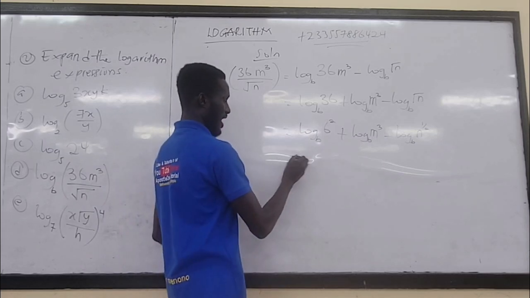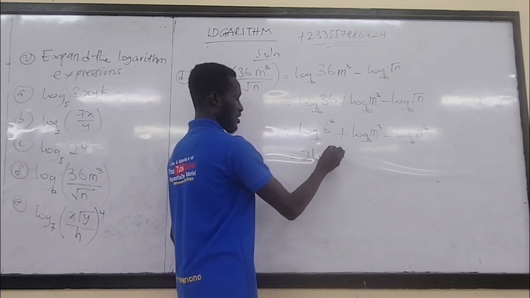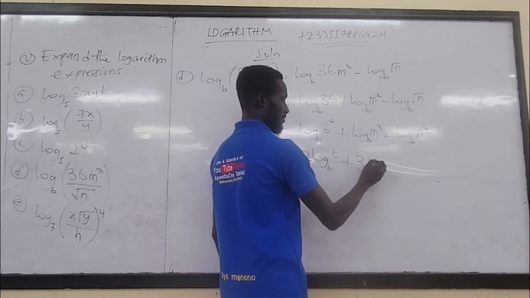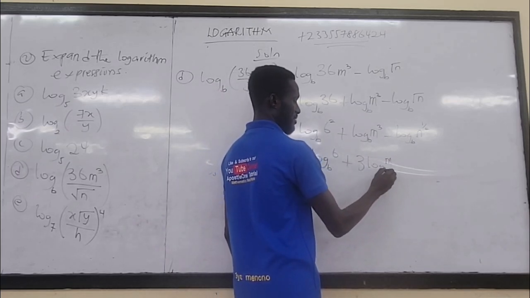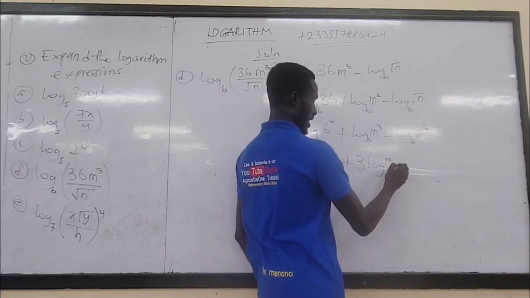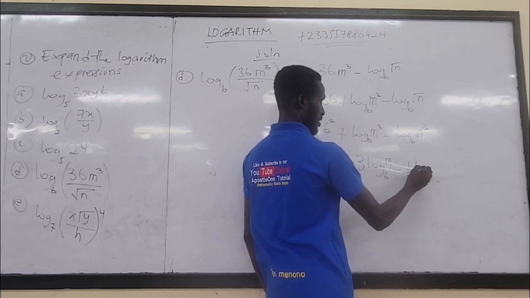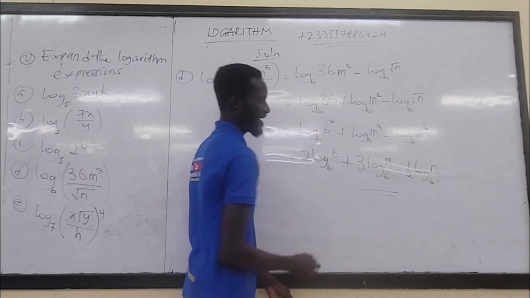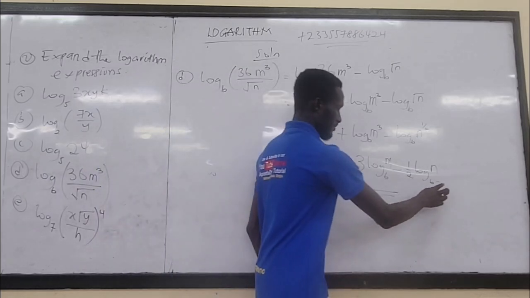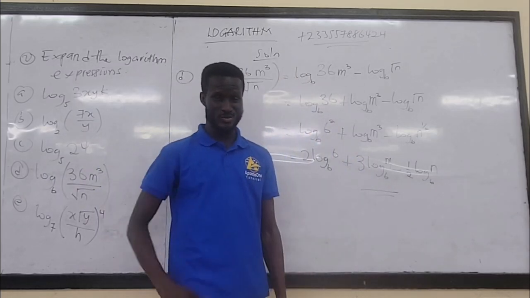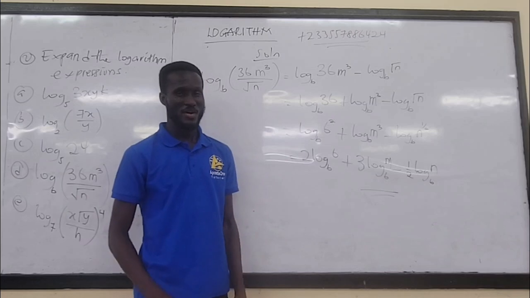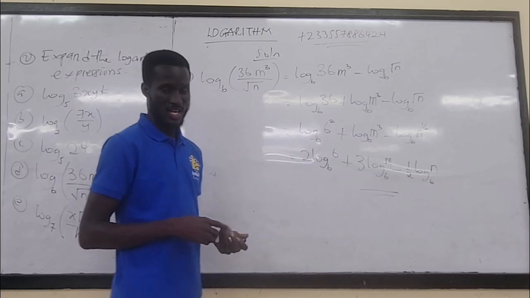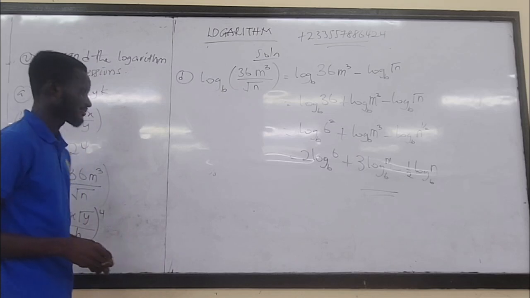So we are going to have 2 log 6 base b, then 3 log m base b, then half will come, half log n base b. We are done. Very, very simple. Now let's look at the last one.